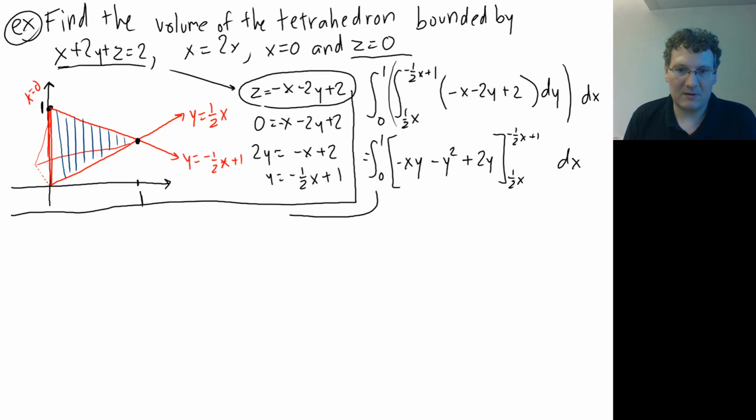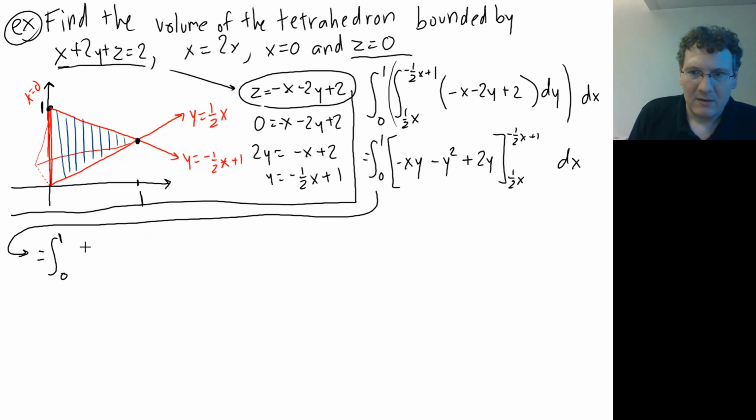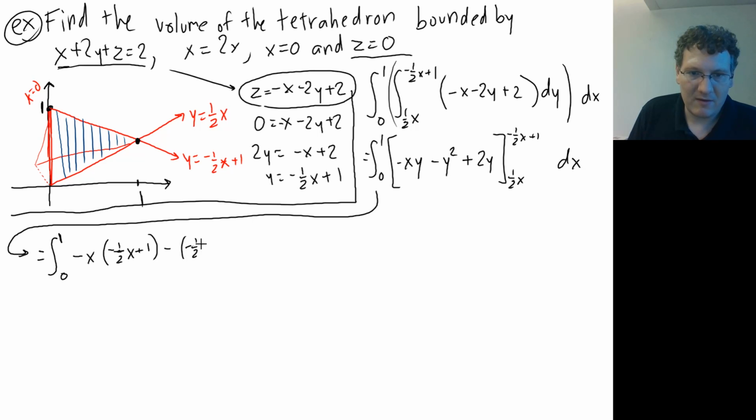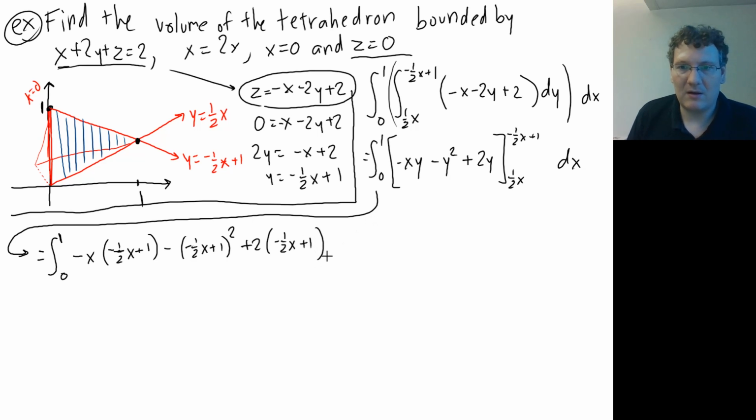So this, I'm going to bring it down over here. So let's see, we have negative x times negative 1/2 x plus 1, minus negative 1/2 x plus 1 squared, plus 2 times negative 1/2 x plus 1.